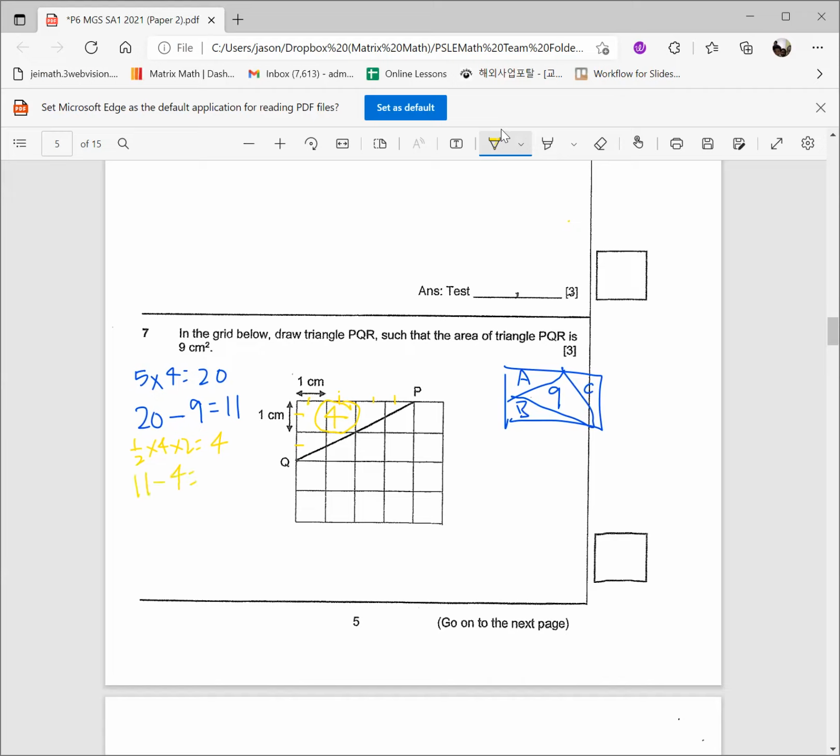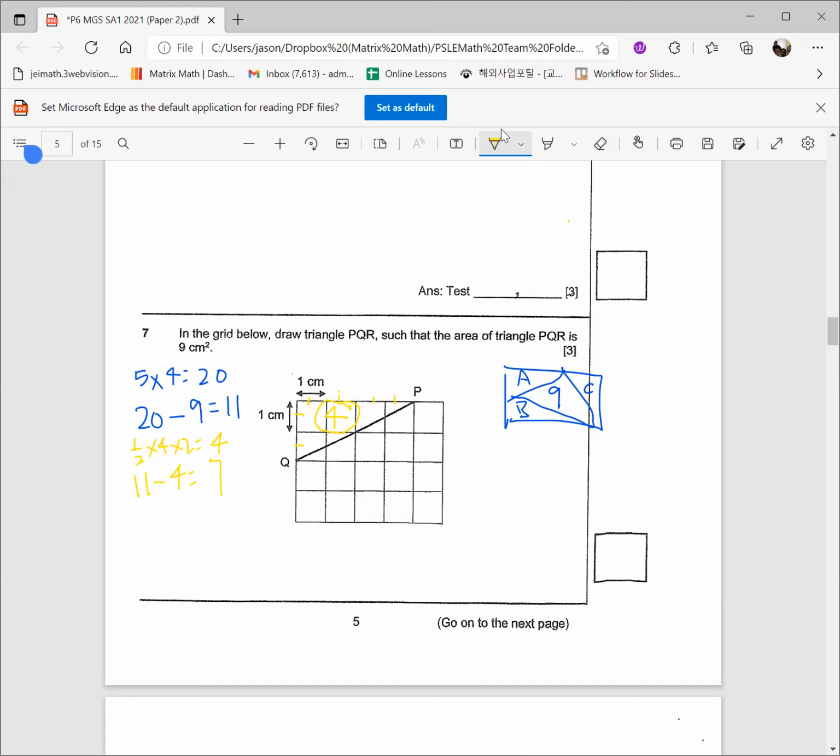I need to deduct another 7. So where do I put P, Q, R such that the two other triangles will give me 7?